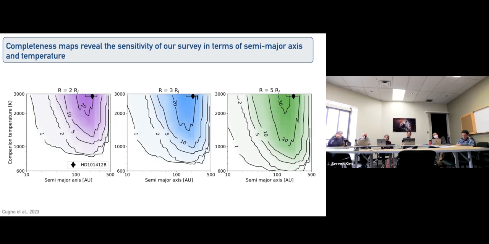The reason is that PDS 70b and c are within the disk, so the region where they are located could not be inspected with our detection limit procedure, just because there is no way we can estimate a reliable detection limit in that region of the image. And so they were left outside of the analysis.